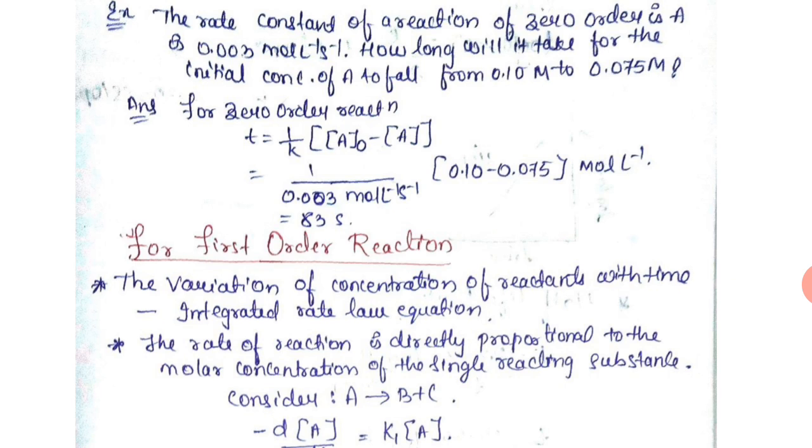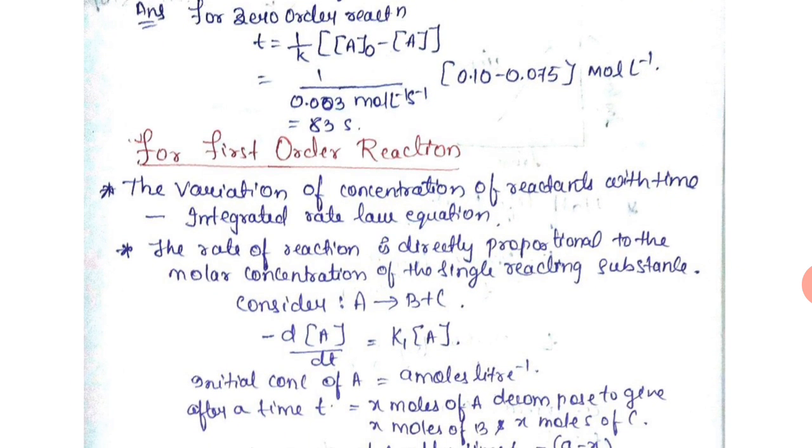How long will it take for the initial concentration of A to fall from 0.10 M to 0.075 M? For a zero order reaction, the formula is t is equal to 1 by k times [A]0 minus [A], that is 1 by 0.003 mol L^-1 s^-1 times 0.10 minus 0.075, so it comes to 83 seconds.